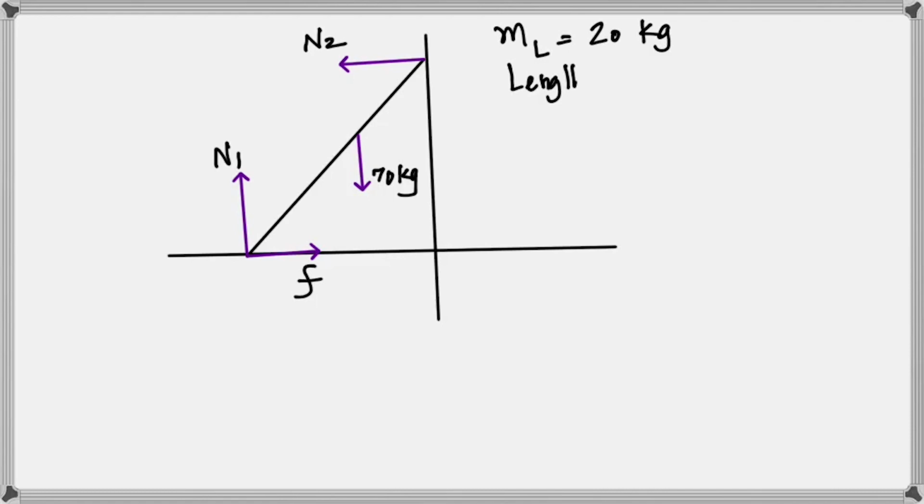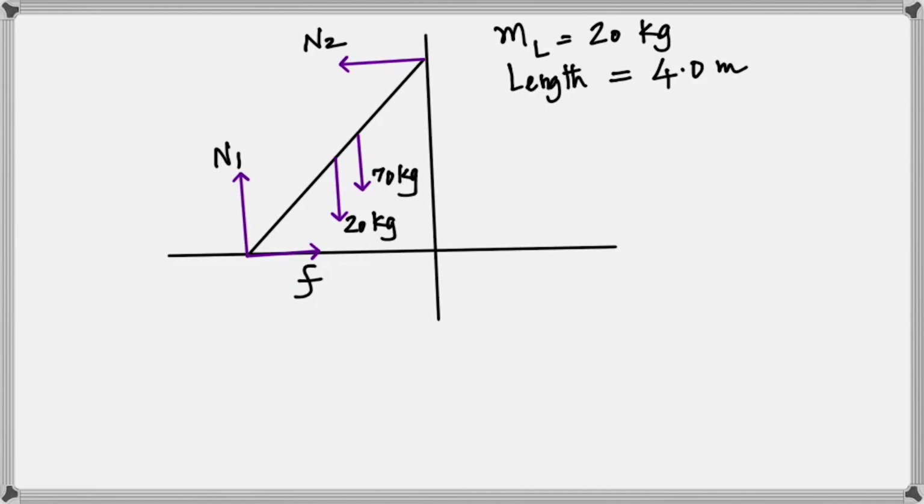And the length of the ladder is 4.8. I'm going to change that to 5 meters for easy calculations later. So the mass of the ladder is 20. This is the person, a 70 kilogram person standing right there, and you have to find the friction at the ground. That's the question.